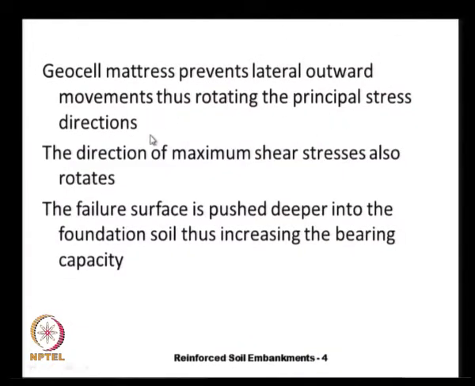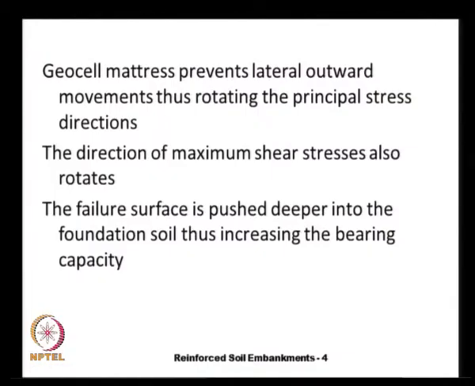Well, basically the Geocell mattress acts like a very rough and rigid platen, and it prevents lateral outward movement, and thus it rotates the principal stress directions.